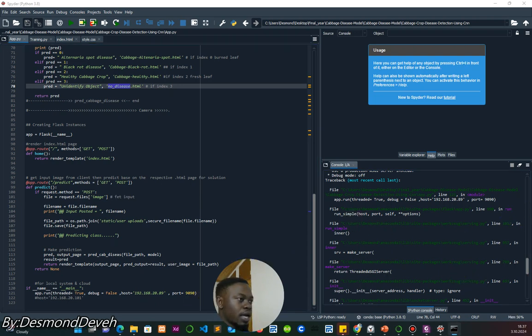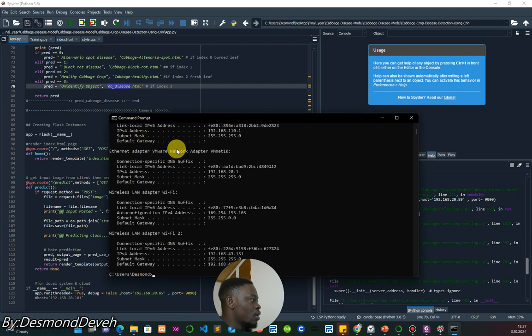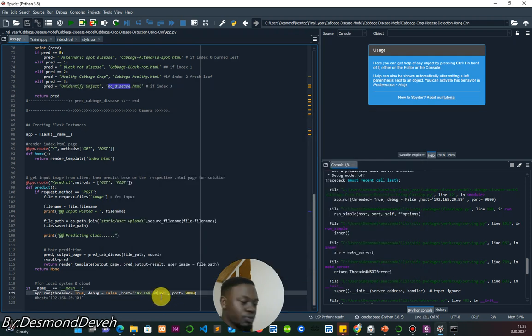Okay, so I type CMD here because I want to check my IP address. Okay, so my wireless LAN is 192.168.43.151. Okay, so I have to give the same IP to the app for it to run.